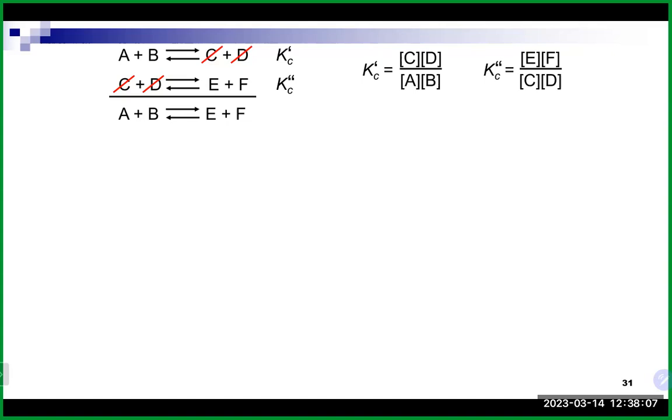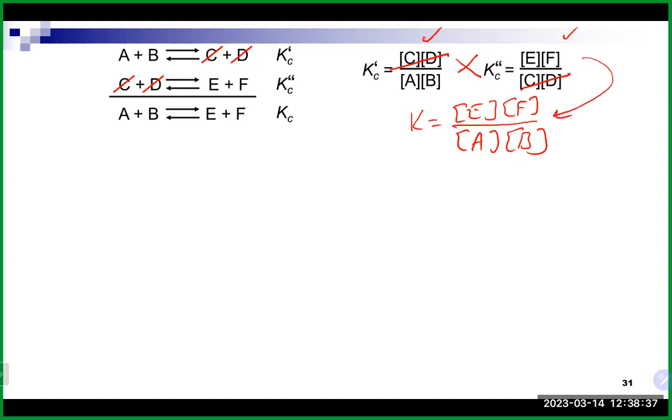If we were to write the equilibrium expression for our overall reaction, K would be equal to the concentration of E times the concentration of F divided by the concentration of A and the concentration of B. If we look at the individual ones, that's for the first step, and that's for the second. If we multiply these together, these terms would cancel, and that would leave us the actual equilibrium expression that we are looking for.